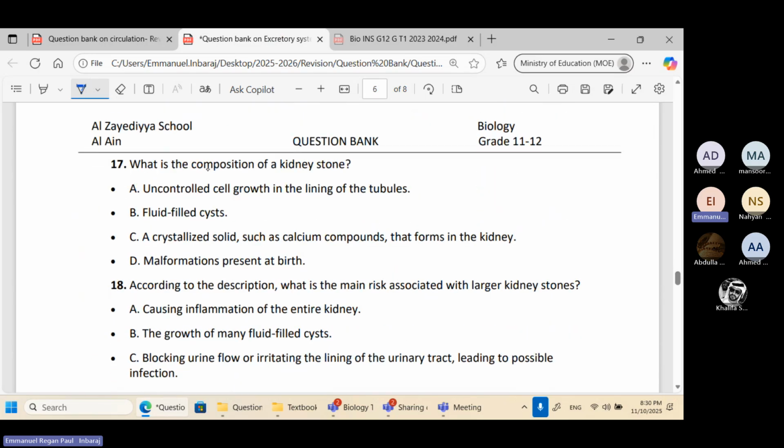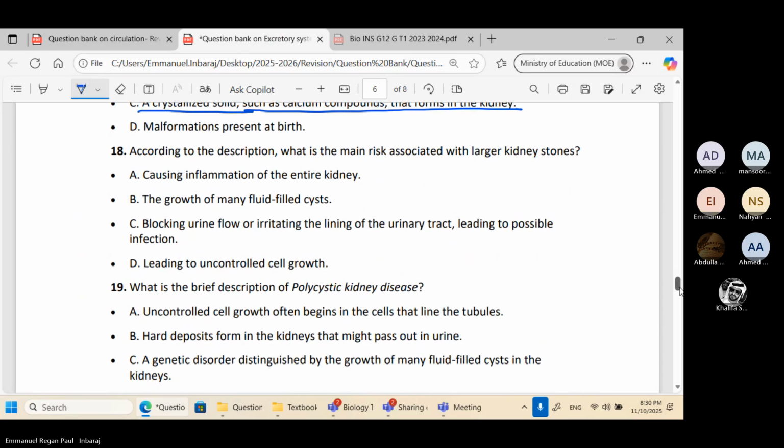What is the composition of a kidney stone? A crystallized solid made of calcium compound. Okay, good. Now let's go to the 18th question. According to the description, what is the main risk of a larger kidney stone? If they have a big kidney stone, what will be the problem?